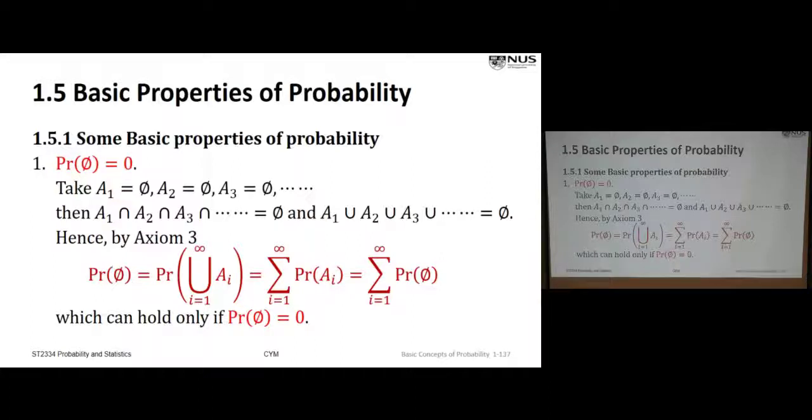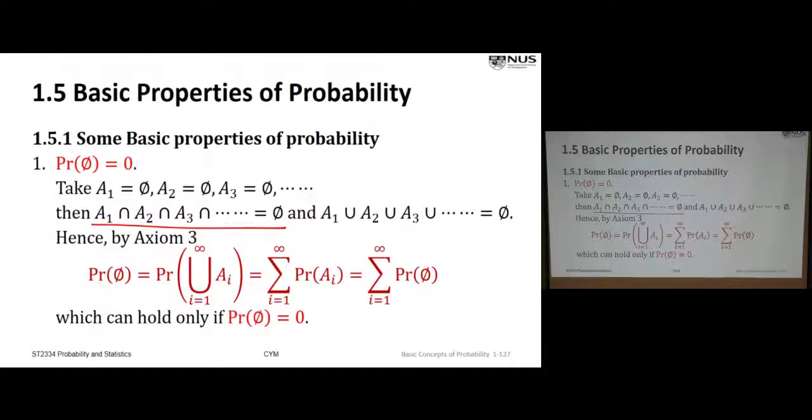It's very simple. We let A1 equal the empty set, A2 equal the empty set, and so on. Because each of these is the empty set, the intersection again is the empty set. What are the things in common? No elements are common to all of these. So it means that all these Ai are mutually exclusive.